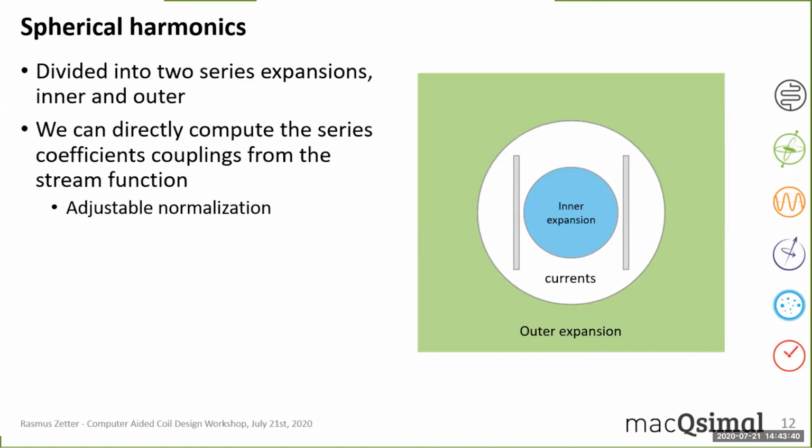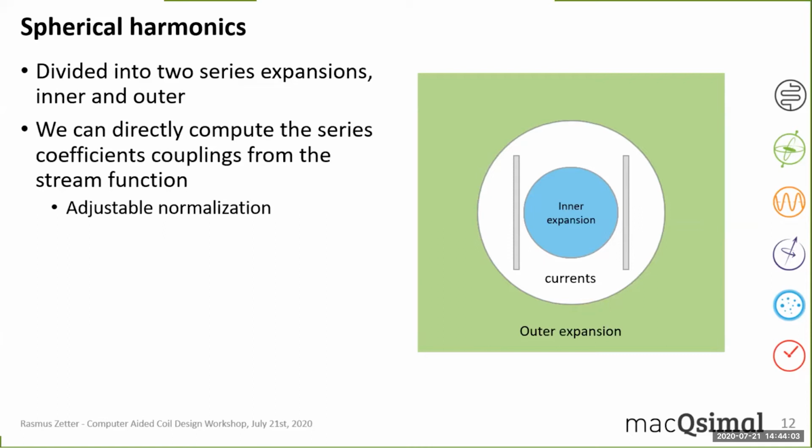And in bfieldtools, we can compute the series coefficient couplings directly from the stream function. So we have a coupling matrix for these. That makes things quite a bit easier if you have, for example, a coil target region which is spherical, and you want a homogeneous field. That's one specific spherical harmonics component.